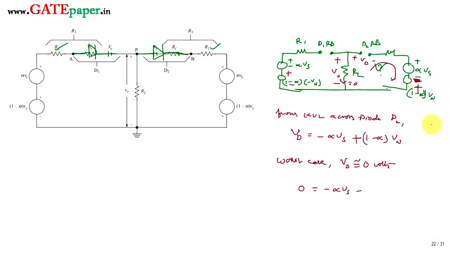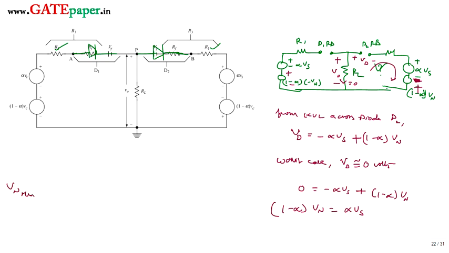Polarities will be the same, but Vn is positive, Vn is negative over here. So minus alpha Vs plus 1 minus alpha times Vn. So 1 minus alpha times Vn is equal to alpha Vs, and Vn minimum.